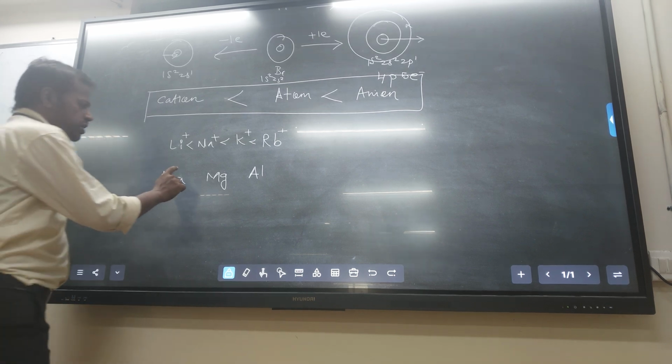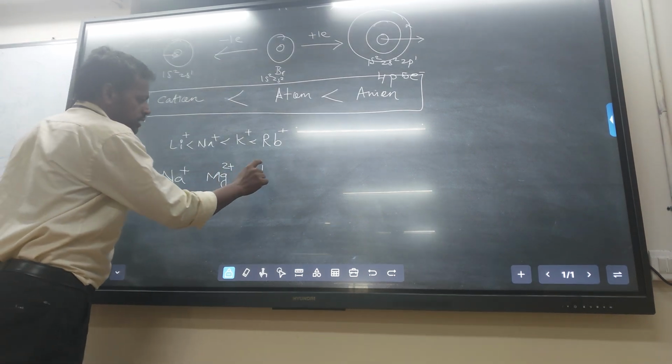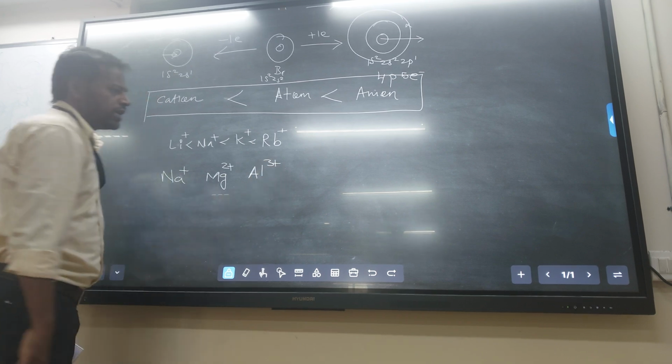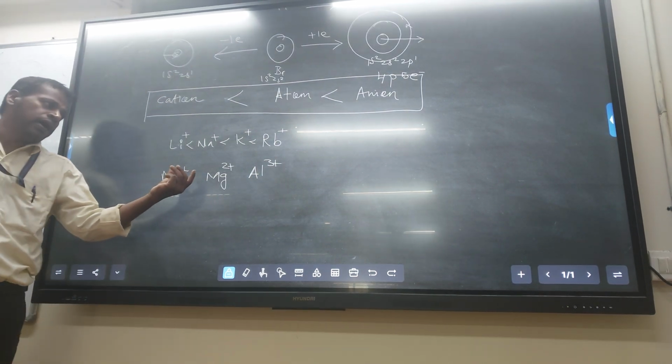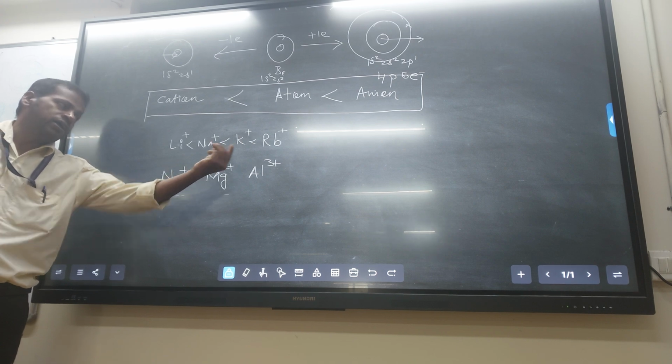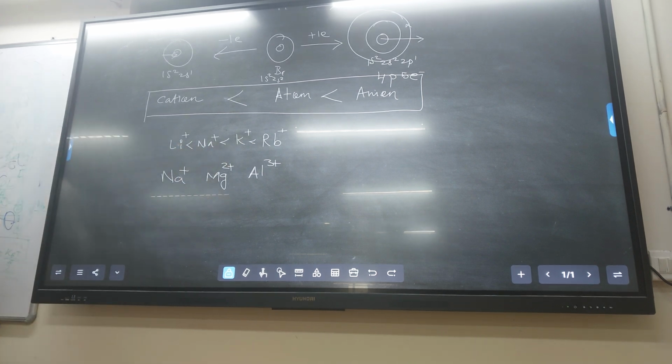For example, sodium plus, magnesium 2 plus, aluminum 3 plus. Here the regular trend is different because the charge of the ions is different. Na plus, Mg2 plus, aluminum 3 plus.